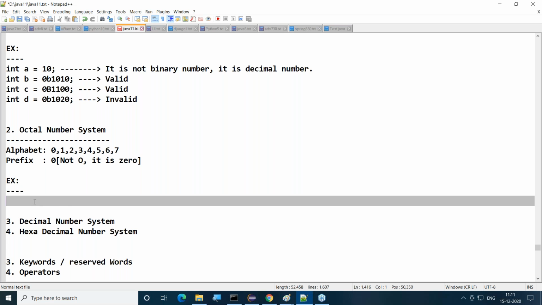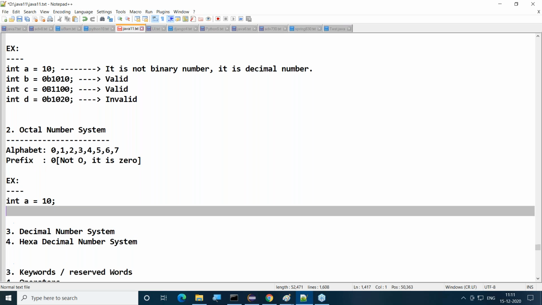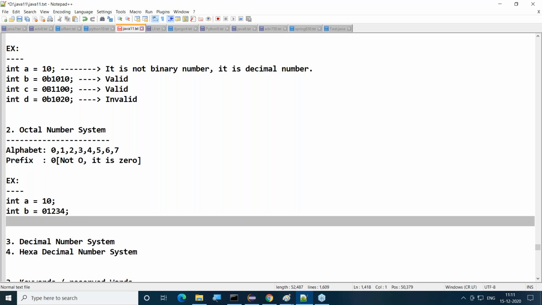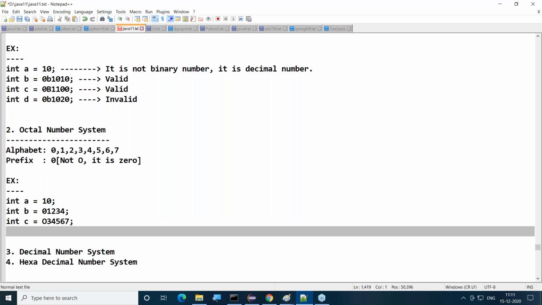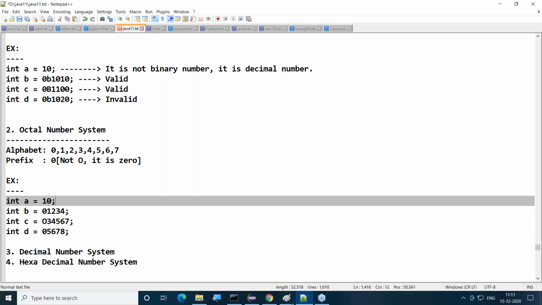Now let's observe this clearly. int a = 10; int b = 01234; int c = o4567; and int d = 05678; semicolon. Tell me, guys, what about the first one? int a = 10.